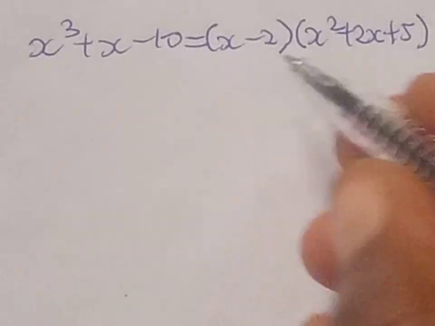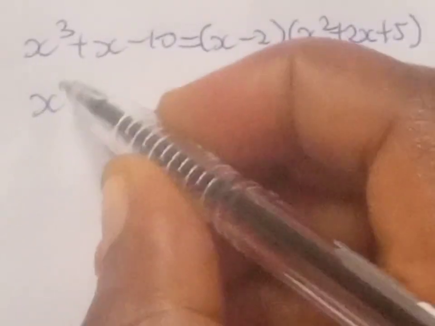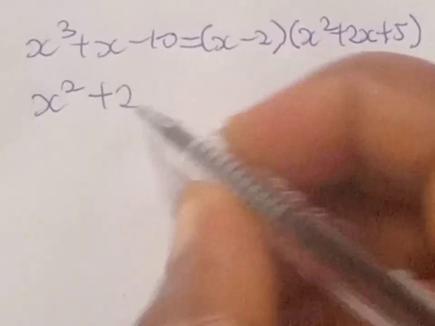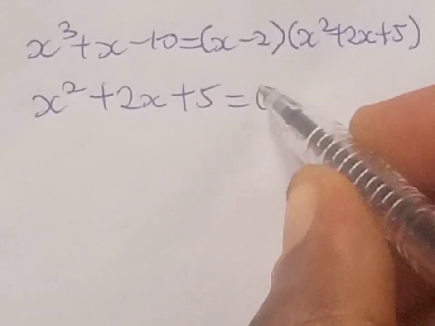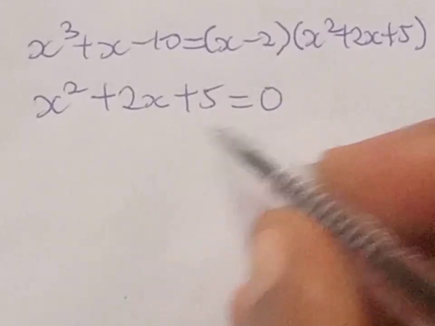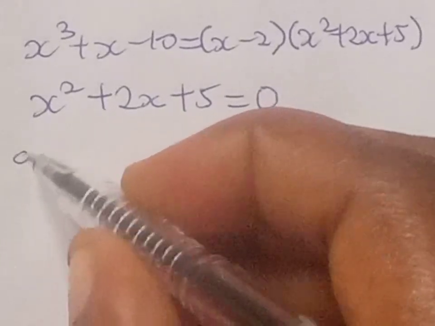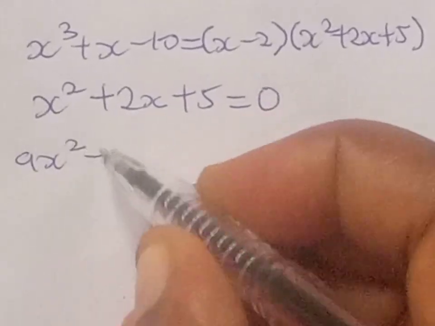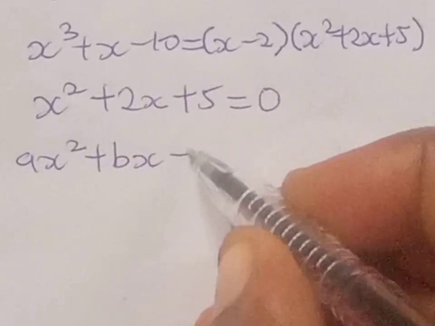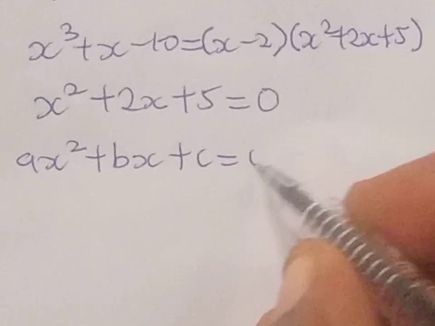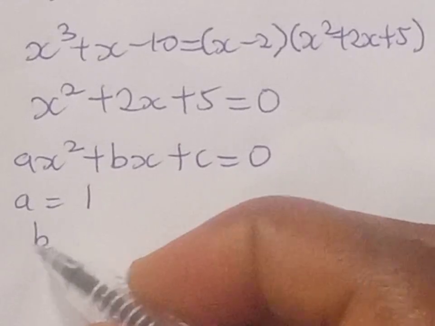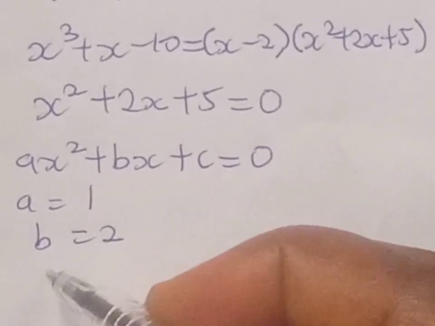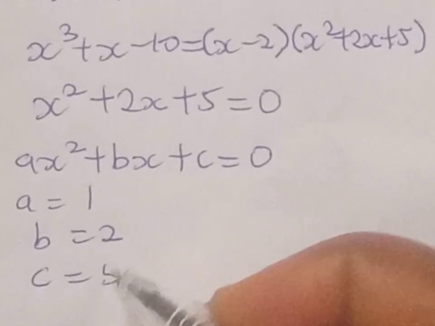Now let's solve the quadratic x squared plus 2x plus 5 equals 0. Using our quadratic formula, which says ax squared plus bx plus c equals 0, where a equals 1, b equals 2, and c equals 5.